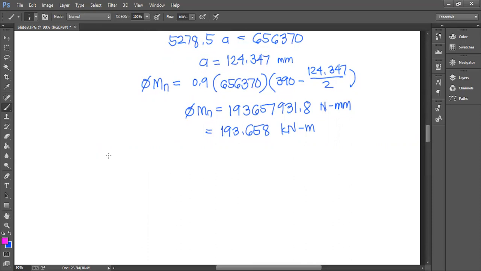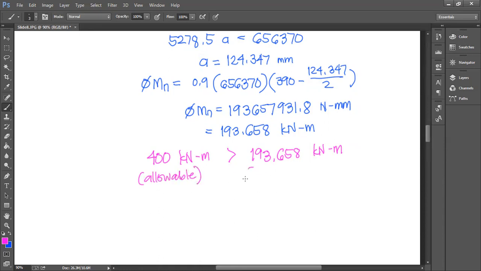We know that Mu is equal to 400. So the 400 kilonewton-meter is greater than 193.658 kilonewton-meter from the maximum. So this is the allowable.